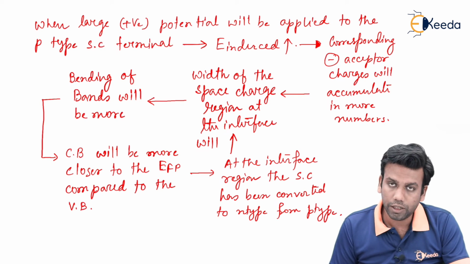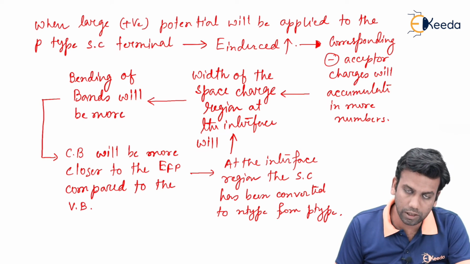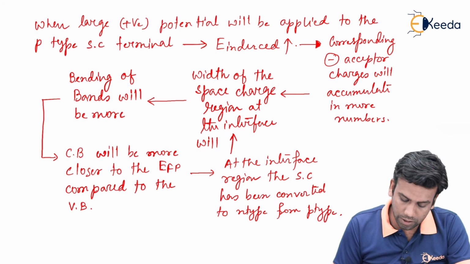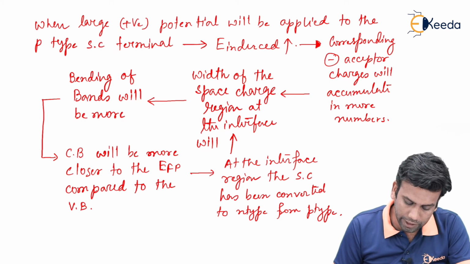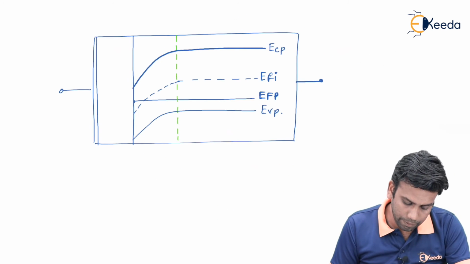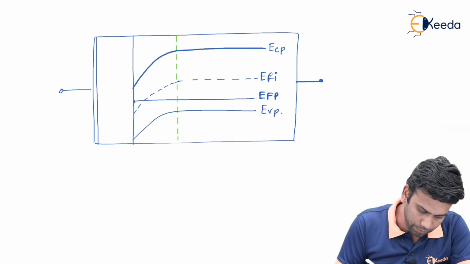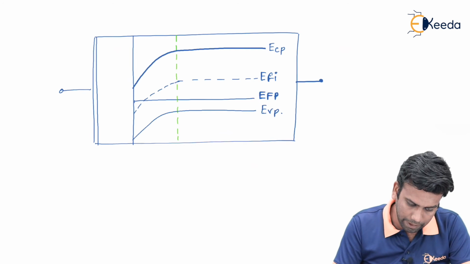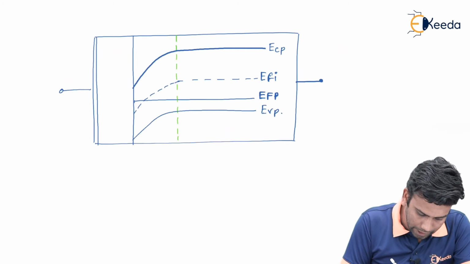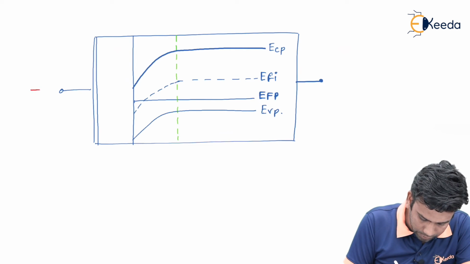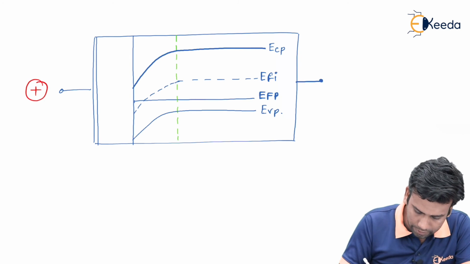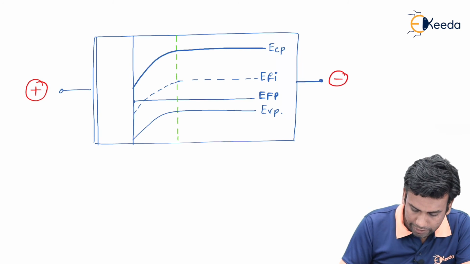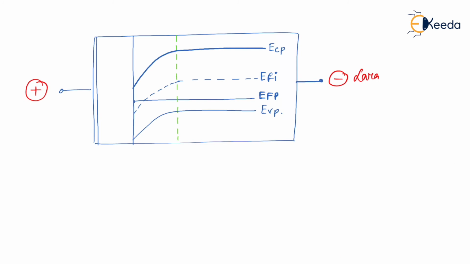That's why this mode of operation is called the inversion mode, and the block diagram will look like this. So, this is the band diagram representation of the inversion mode, and in the inversion mode we have applied a large positive potential here and large negative potential here.